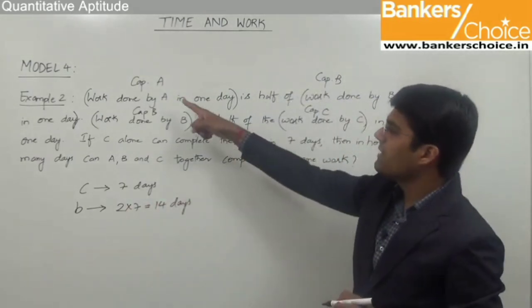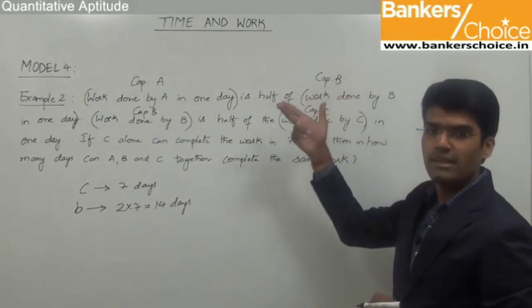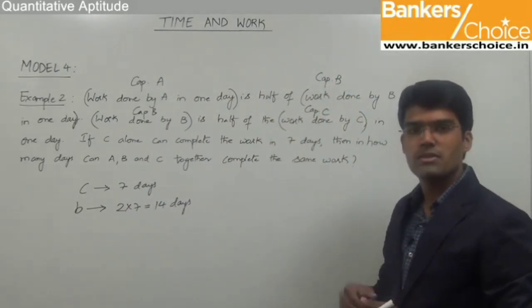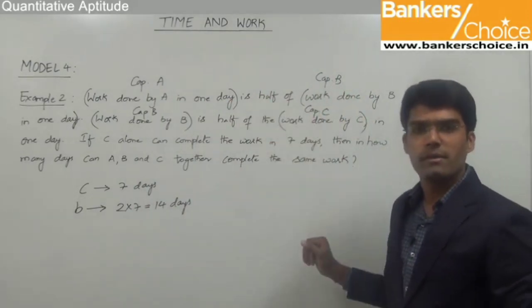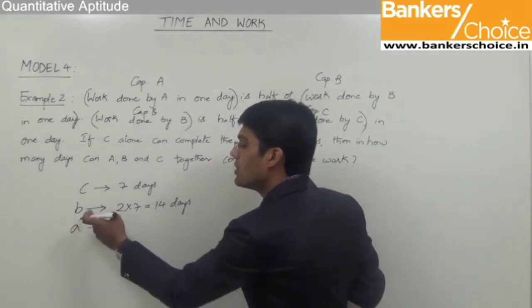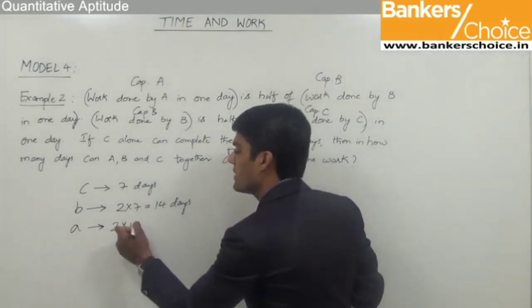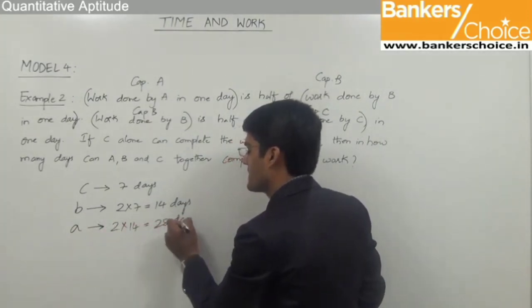And from the first statement we know that capacity of A is half of capacity of B. So very clearly number of days required by A should be double the number of days required by B. So number of days required by A, let us take it as small a, should be 2 times the number of days required by B, which is 14. So 2 into 14 will be equal to 28 days.